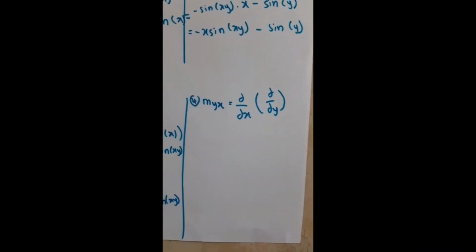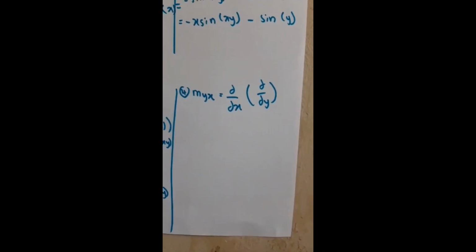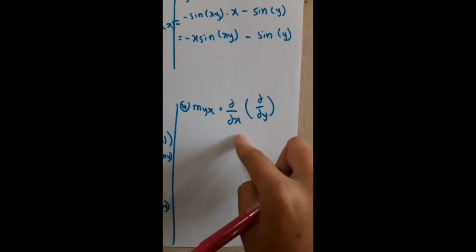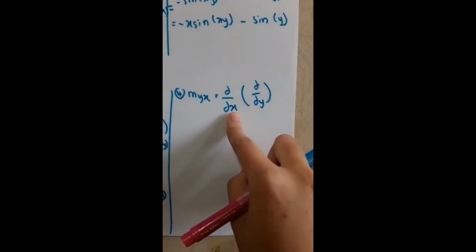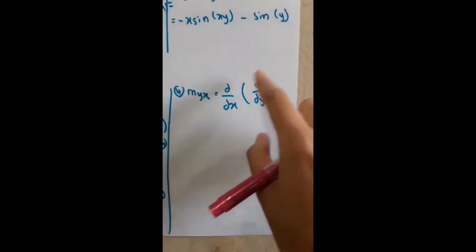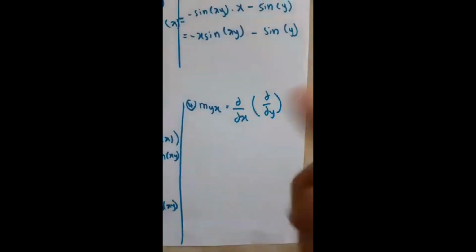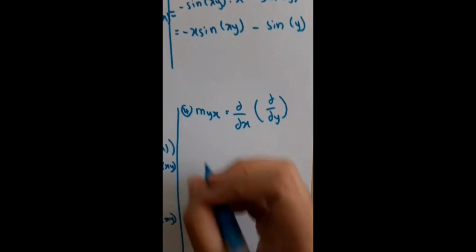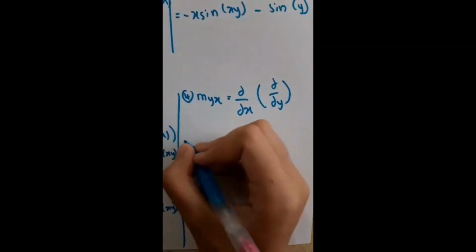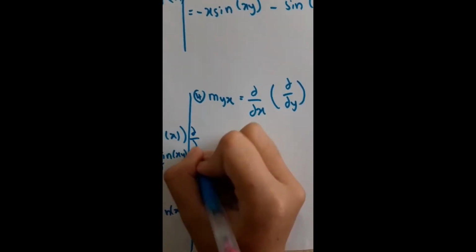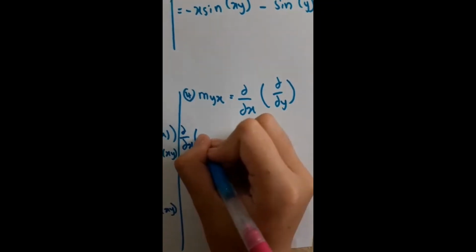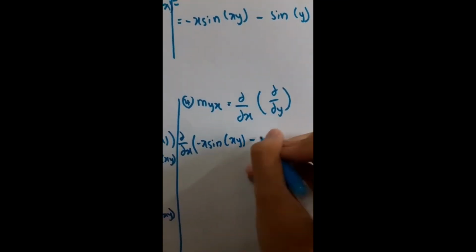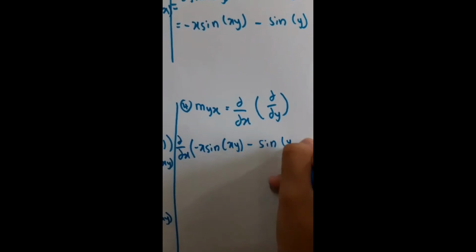For the fourth question, which is the last question for this example, I already gave out the formula, which is del over del x of del over del y. Del over del y is this function, so we substitute it back and we get del over del x of negative x sine xy minus sine y.